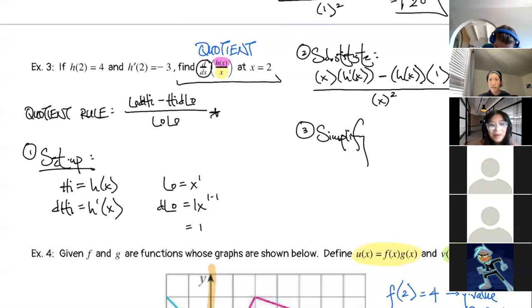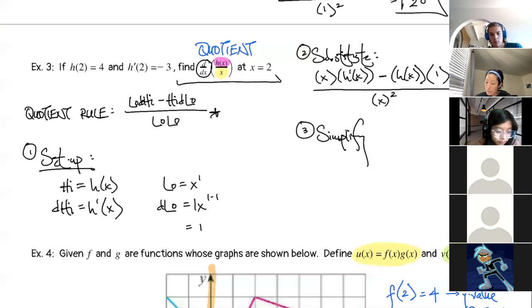Is that overkill? All right, so we've got our setup. What's important here is that we need to be really thoughtful about our setup, because once we substitute, we want to make sure we're plugging in the right terms.